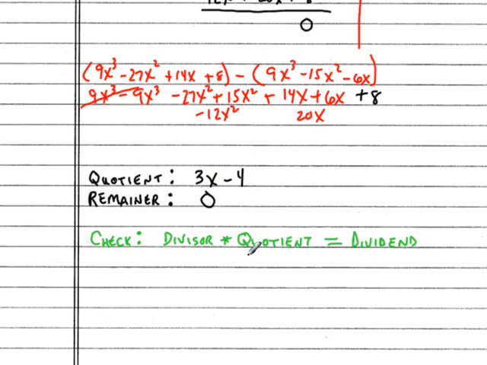If we're going to check our work, we would take our divisor times our quotient. Well, what was our divisor?